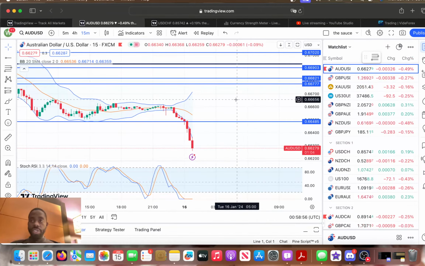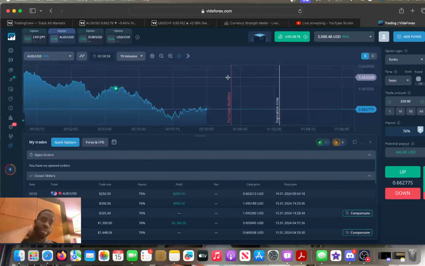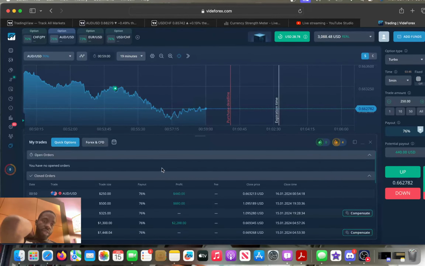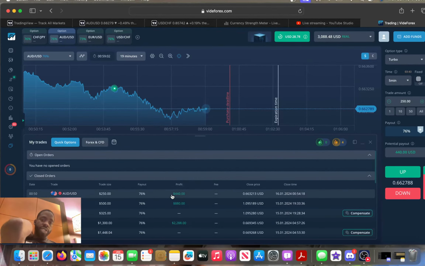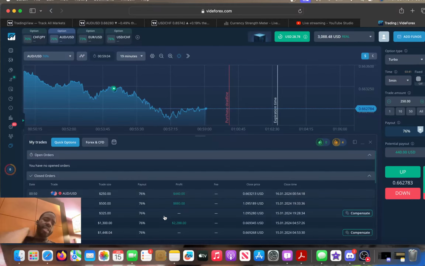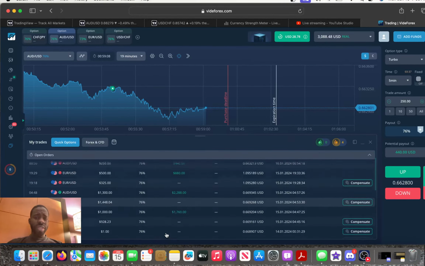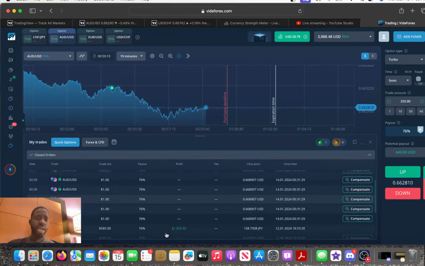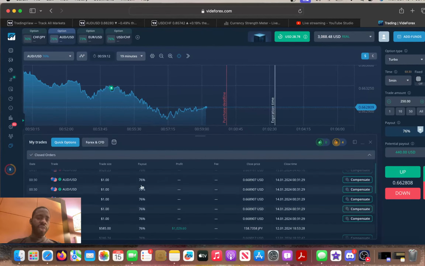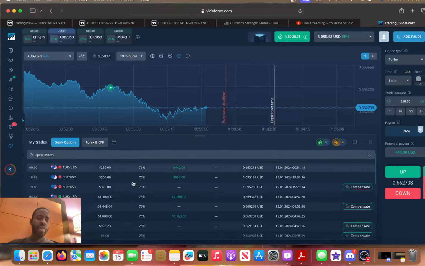We caught one trade today, one sell, and it was for $250. We made $440 profit. We had this trade yesterday on a Sunday. I don't know why I was trading on a Sunday, but look at this. I was testing a new strategy with these $1 trades, and then look at this trade.